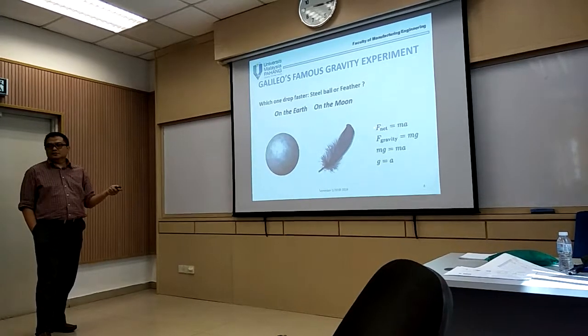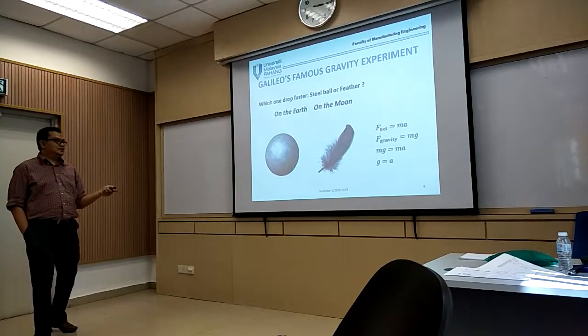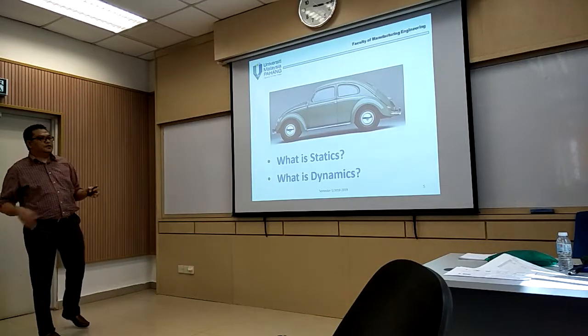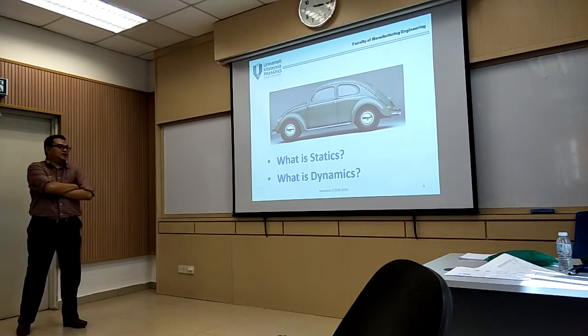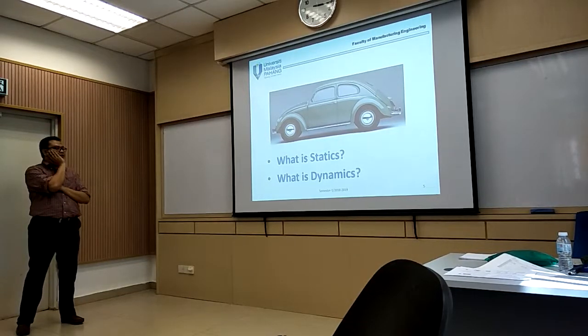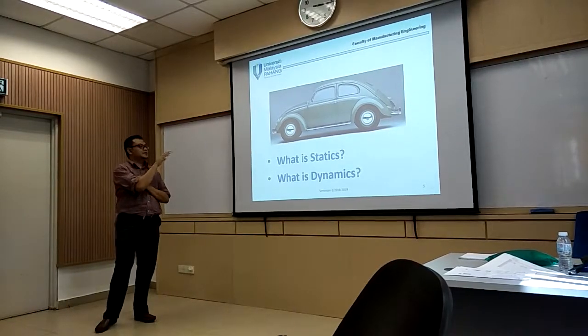Newton's second law. Okay. So before we discuss the dynamics, I would like to look at this kind of case. What is the difference between static and dynamic for this case?